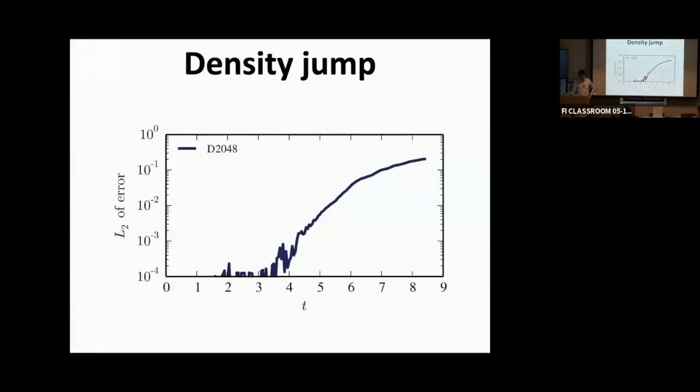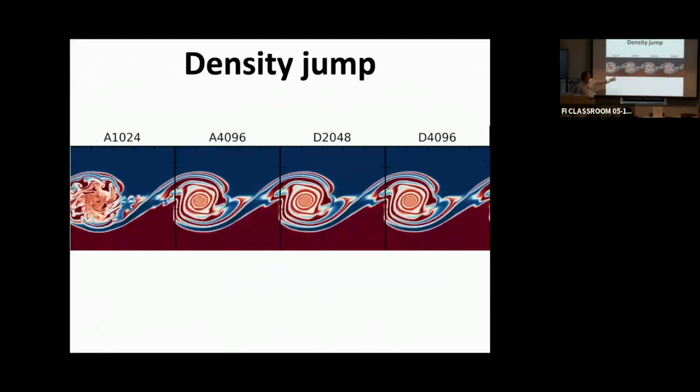Okay, so now let's try to compare these quantitatively. What I've done is I take these different images, I subtract them, and then I square the result and integrate. That's the L2 error squared.